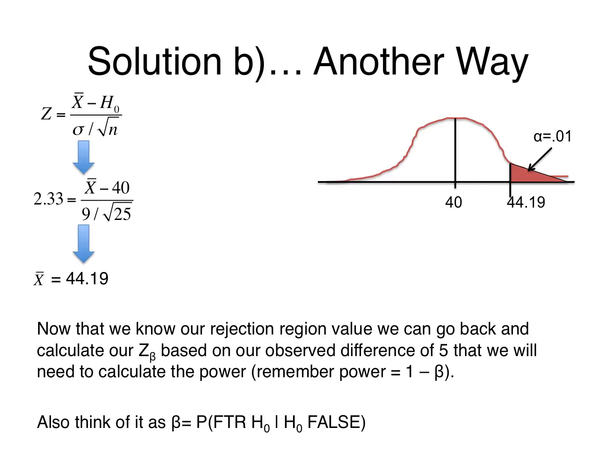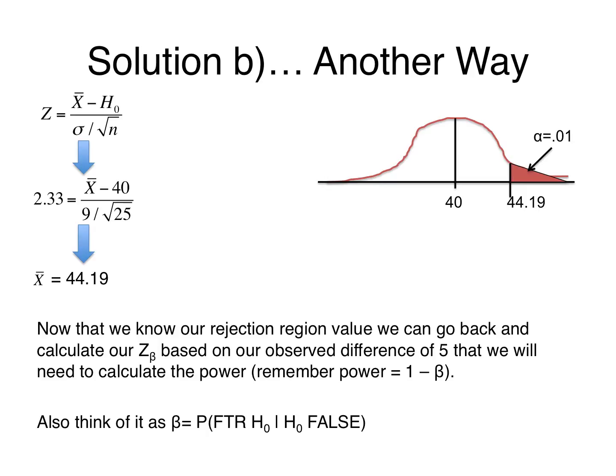So our null hypothesis is equivalent to the population mean. Our standard error is the standard deviation divided by the square root of the sample size. So we plug this into our formula to solve for the sample mean needed to reject the null hypothesis, and find that we need a sample mean of 44.19 to reject our null hypothesis.